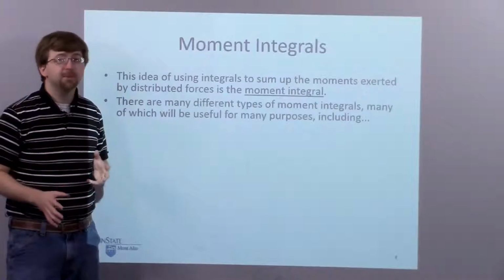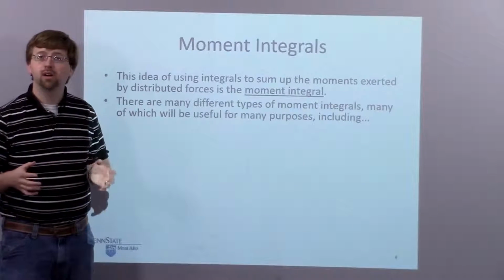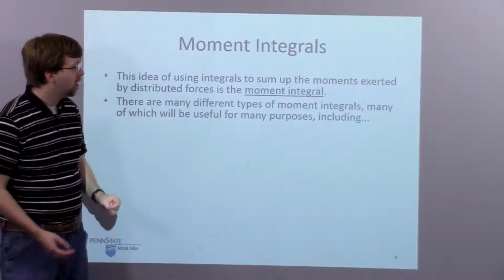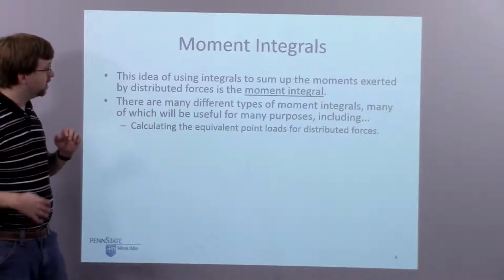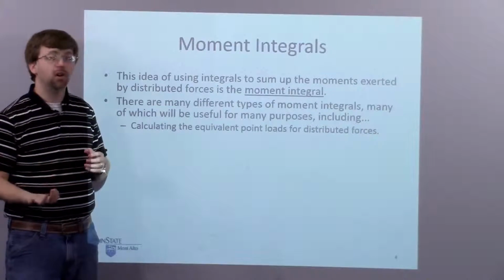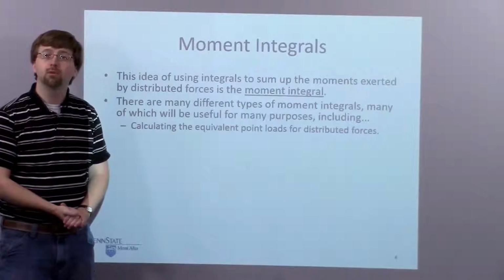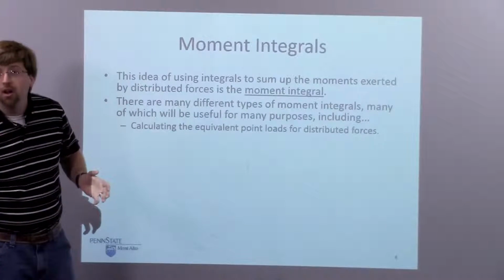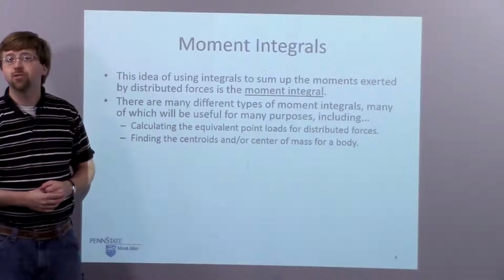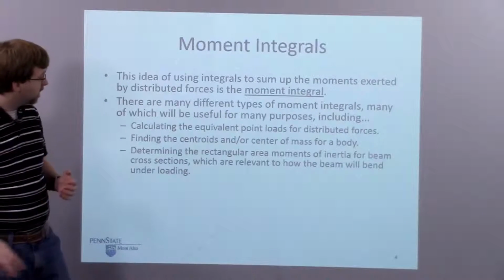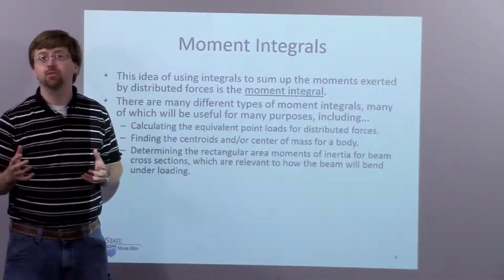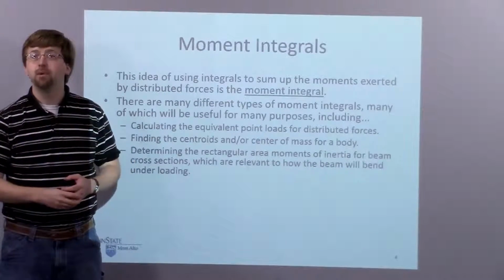So there's many types of moment integrals. We're going to go through a couple of the common types. They're going to be useful for many purposes. We can use it to calculate the equivalent point load for distributed forces, just like we were talking about before. We can use it to find the centroid or the center of mass for a body. We can use it to determine a beam's resistance to bending.